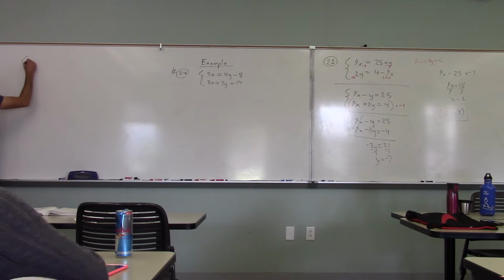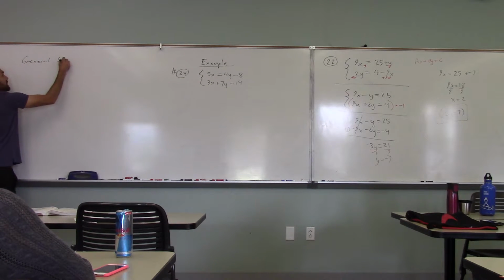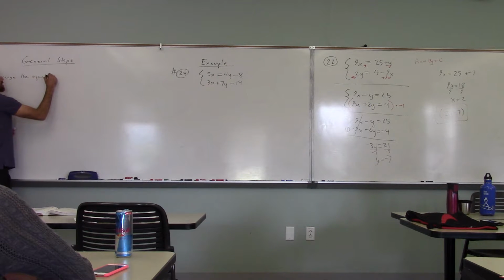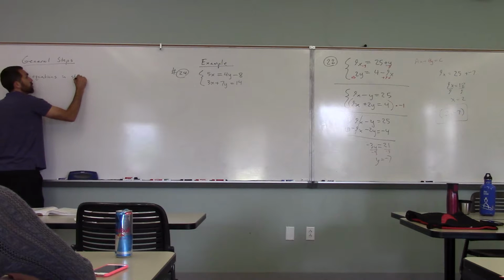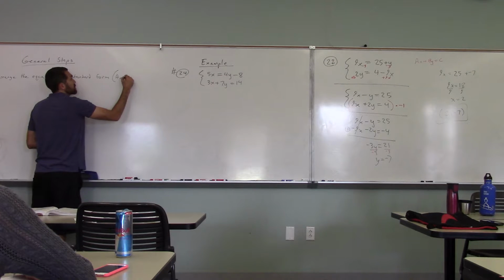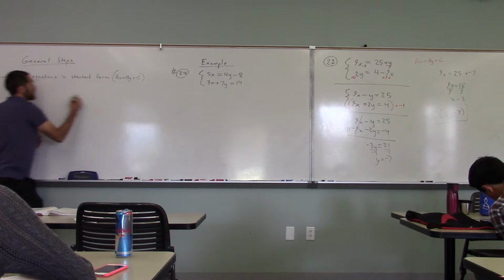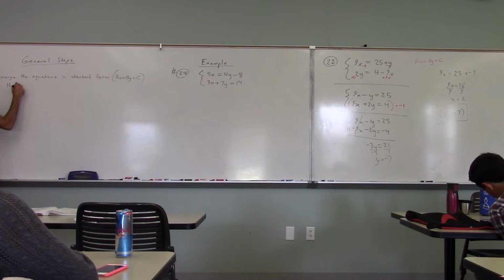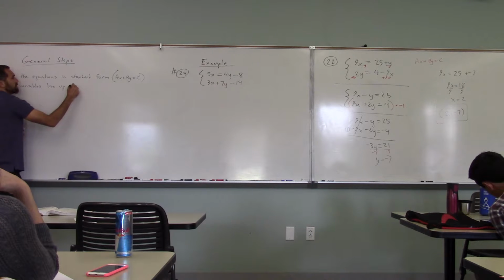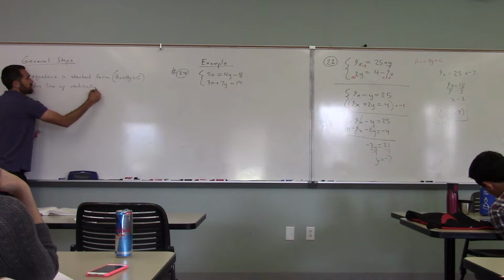All right, so here are my general steps in this section. And again, this is probably the preferred method by most people for solving these types of problems. So step number 1: rearrange the equations in standard form, which is ax plus by equals c, so the variables line up perfectly.